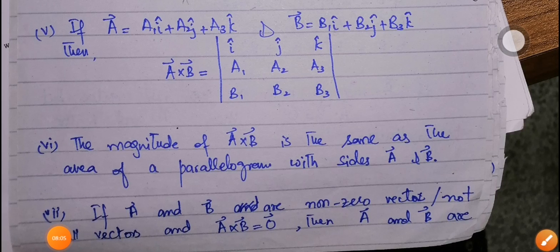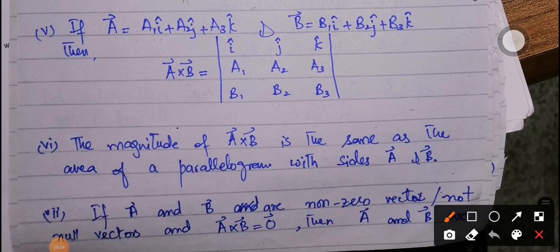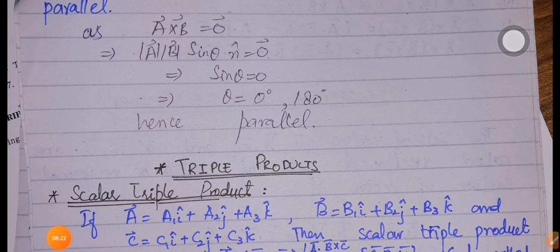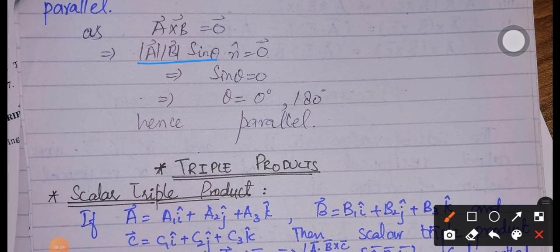The next property is saying that if a and b are two non-zero vectors, or non-null vectors, and their cross product is a zero vector, then what will you say about a and b? So if the cross product of a and b is a zero vector, it means magnitude of a into magnitude of b into sine of theta into unit vector n must be a zero vector. So a is a non-zero vector, b is a non-zero vector, n is a unit vector.